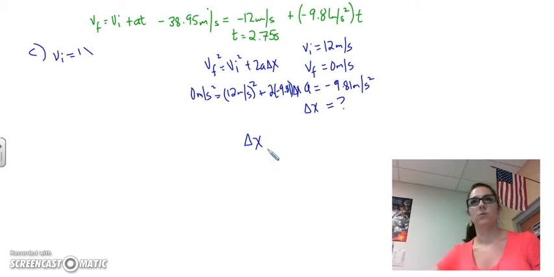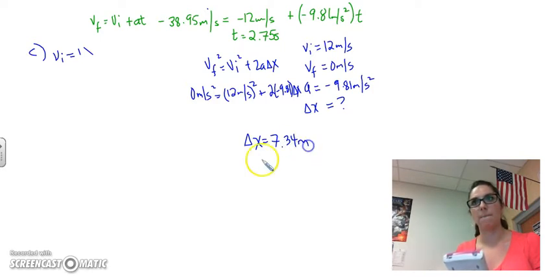So I'm going to do 12 squared divided by 2 divided by 9.81. What I get for my distance is 7.34 meters, like that. So that is the distance up.